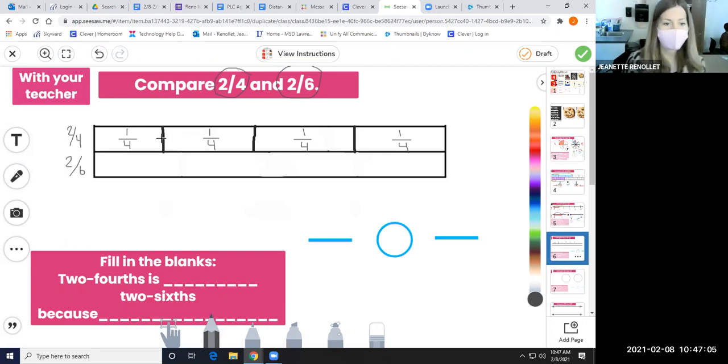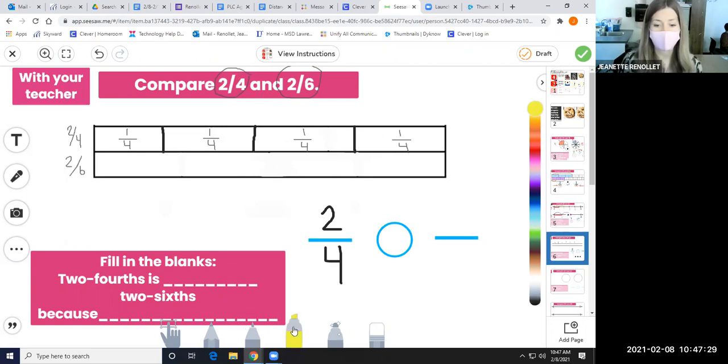Okay, after we modeled our unit fractions and labeled them, we can shade in to represent. So we are comparing 2/4. So in my comparison, I can record 2/4 down below to get ready for my comparison.